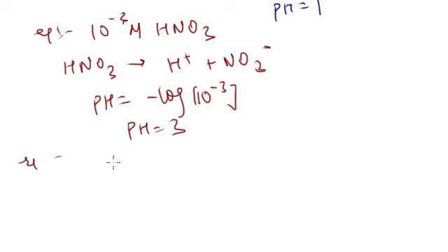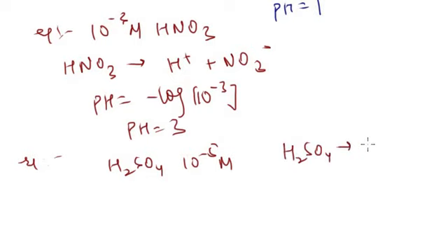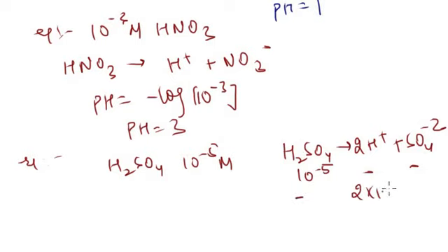Now the next example: H2SO4, that is 10 to the power minus 5 molar H2SO4. Calculate its pH. We know H2SO4 breaks down into 2H plus plus SO4 negative 2. Initially it is 10 to the power minus 5, and when it is dissociated, it forms 2 into 10 to the power minus 5 molar of H plus.